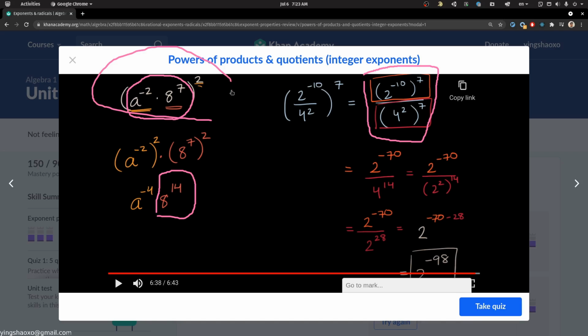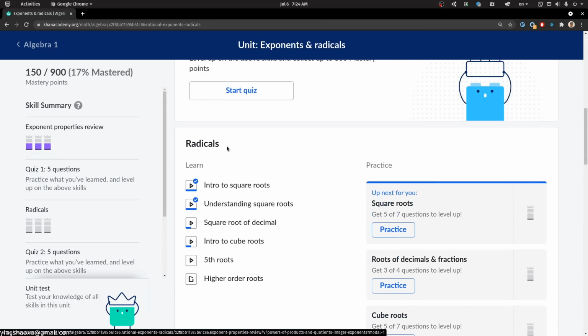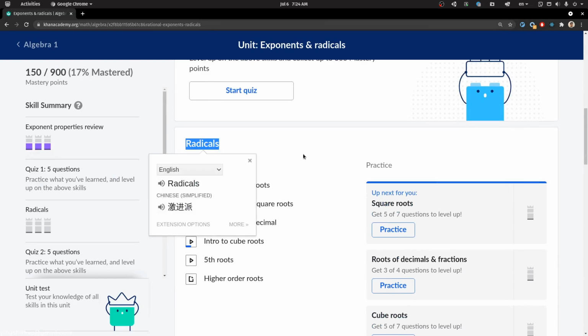For example, for this one, you just have to multiply the power numbers together. And for this one, you just have to subtract the power numbers. Anyway, it's quite obvious that if you have a common base for your exponents, you could do that kind of operation without any problem. Yeah, let's go to another idea called radicals.